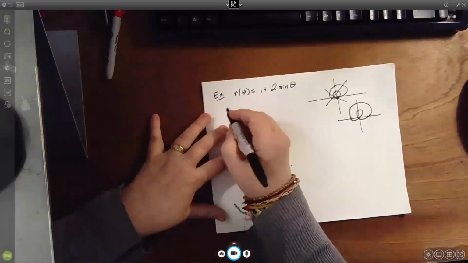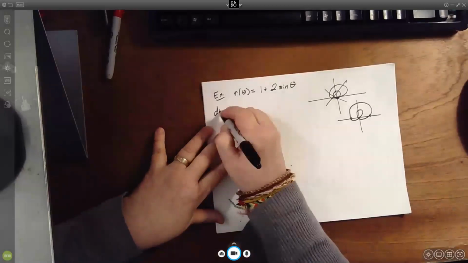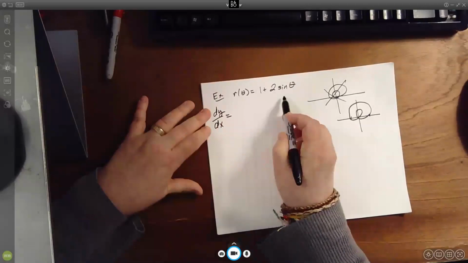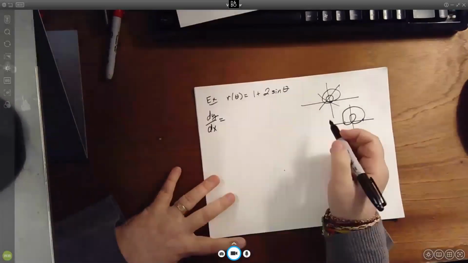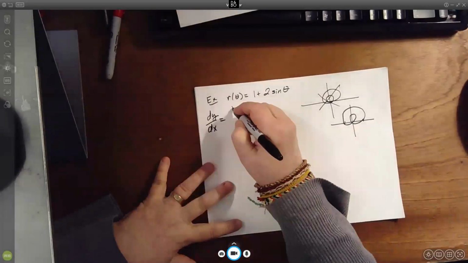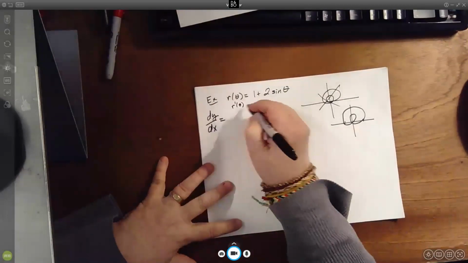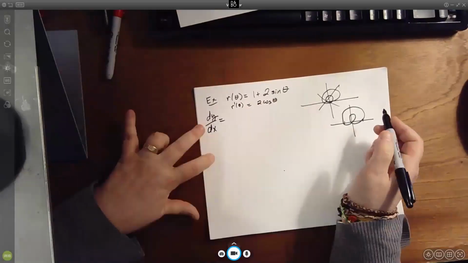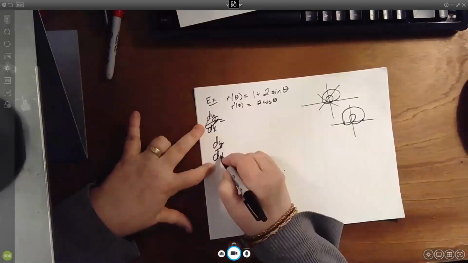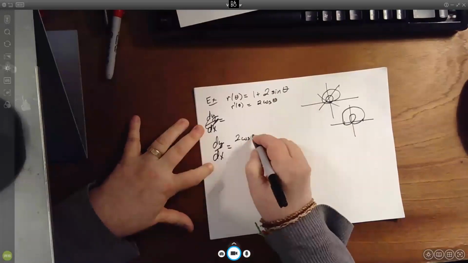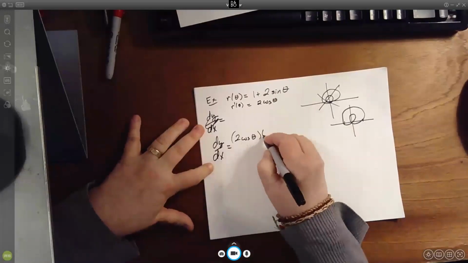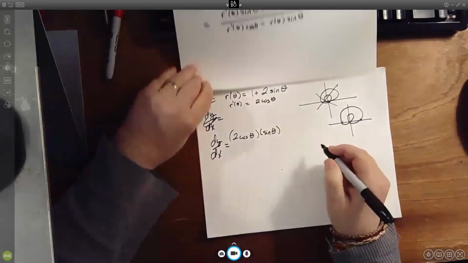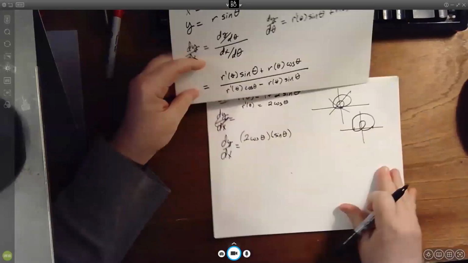So I need dy/dx rather. If I do the y function, maybe I should go ahead and say what r prime of theta is. So for dy/dx, I have 2 cosine theta times sine theta. And again, I'm just following the formula here.